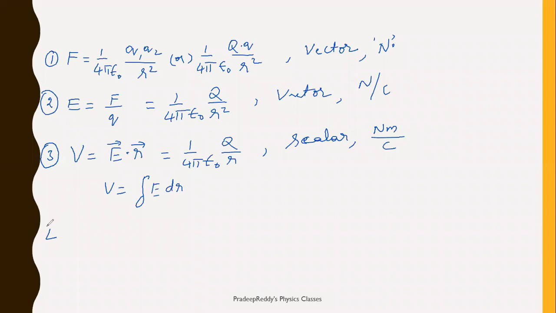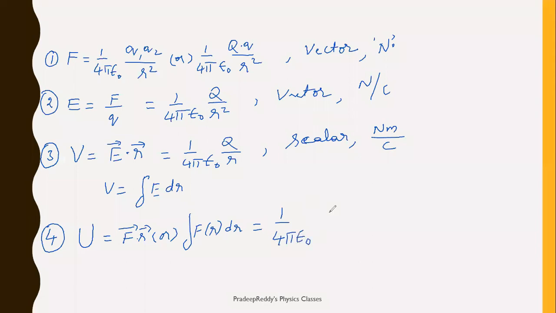And coming to the fourth one, we have learnt about electric potential energy. Electric potential energy is equal to F bar dot R bar, or you can write it as the integration of F of R dr, or as 1 by 4 pi epsilon naught capital Q small q divided by R. Electric potential energy is also a scalar quantity.